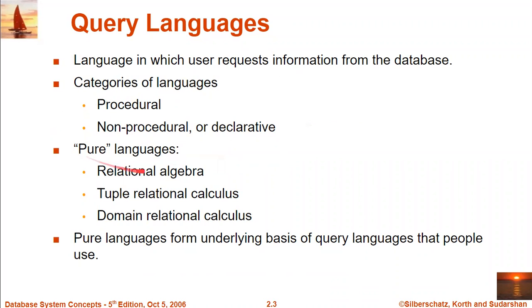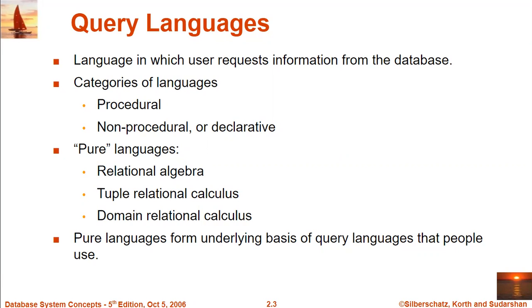Then we have the terminology of pure languages. Pure languages are simply the languages which form the basis of something. If we talk about C, C++, Java like high level programming languages or object oriented programming languages, they have a compiler. Basically the compiler compiles the code and converts the high level language into its machine level equivalent.